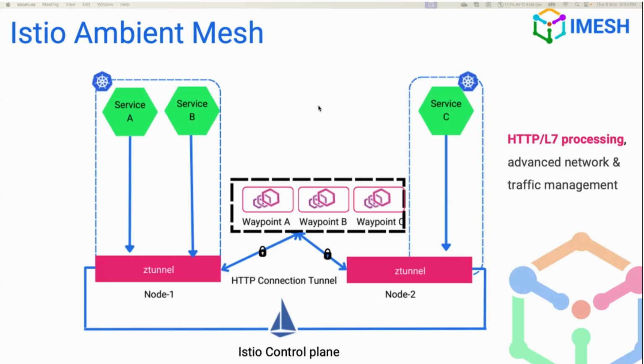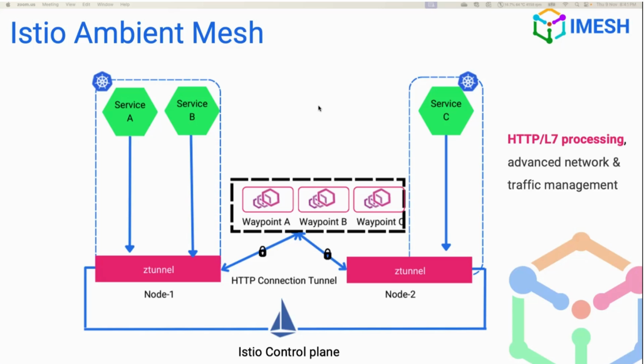So if you have thousands of microservices, each and every one will get its own proxy, and definitely it will take memory and CPU. So that's where infra cost increases. But to bring the infra cost down, in the ambient mesh those proxies have been broken into two parts, L7 and L4 level.